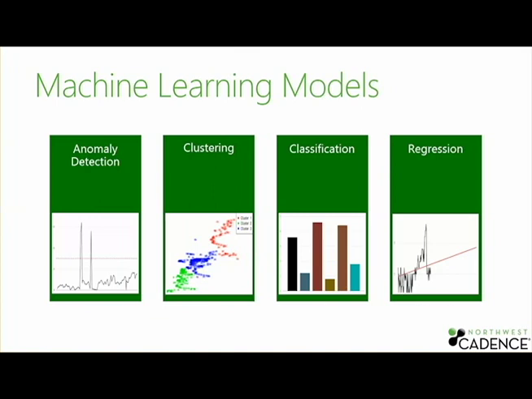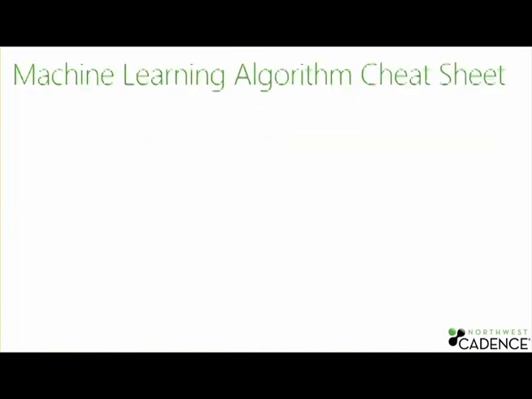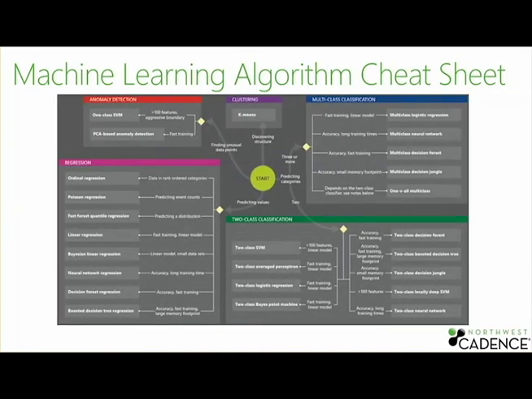Great. Let's talk a little bit about these. So when you're going to choose a model and you don't know, this is a great cheat sheet to help you pick which model it is. We'll go into it a little bit more, but this is a nice way to understand which one to use.